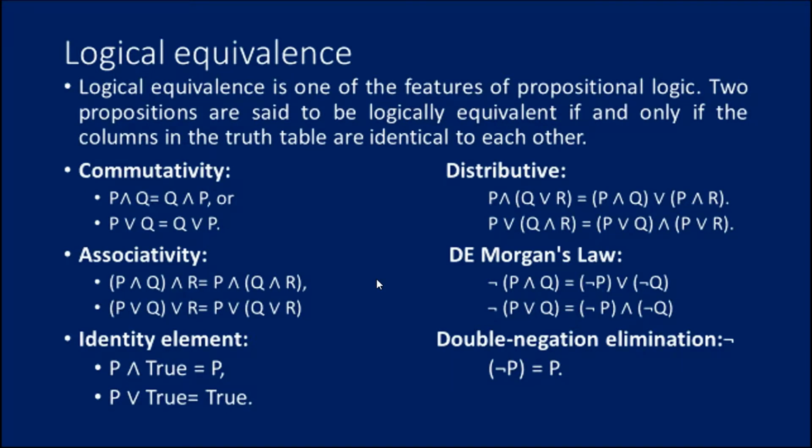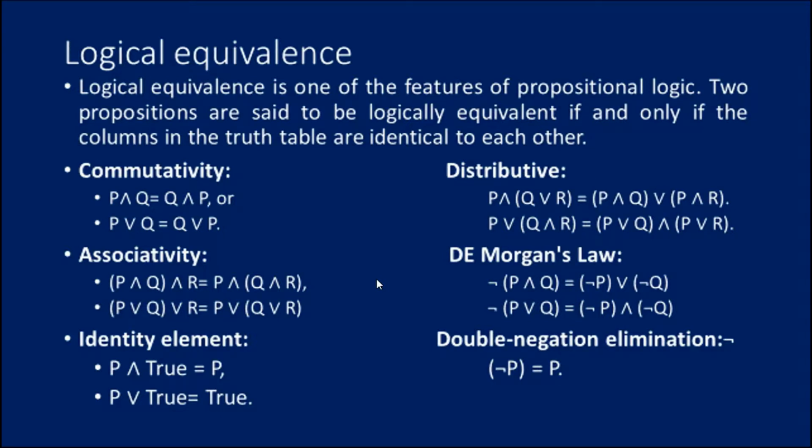Commutative we can say as P intersection Q equal to Q intersection P, or P union Q equal to Q union P. Associativity we can say as P intersection Q intersection R equal to P intersection (Q intersection R), and P union Q union R equal to P union (Q union R).